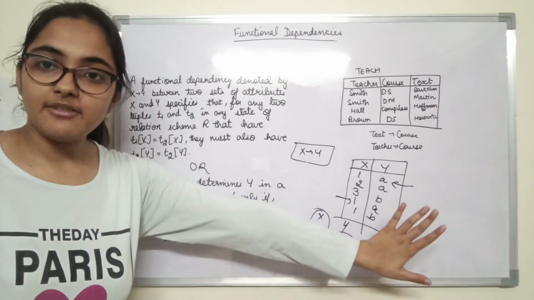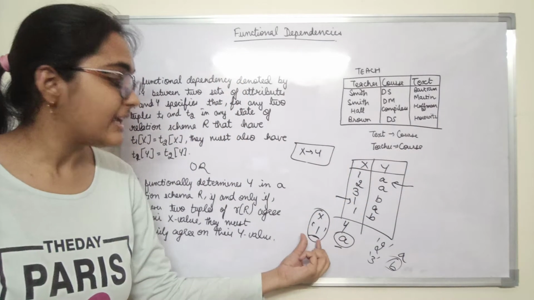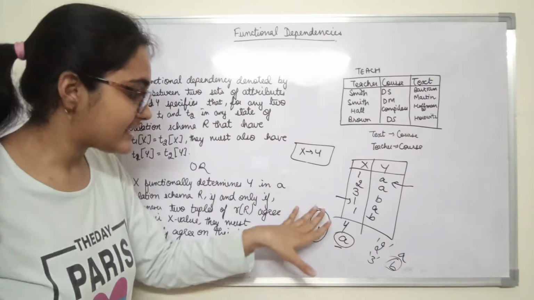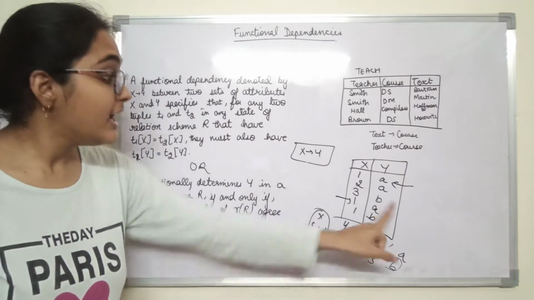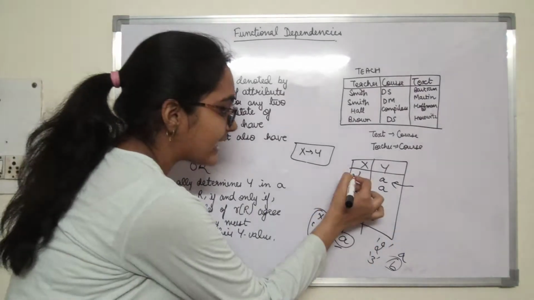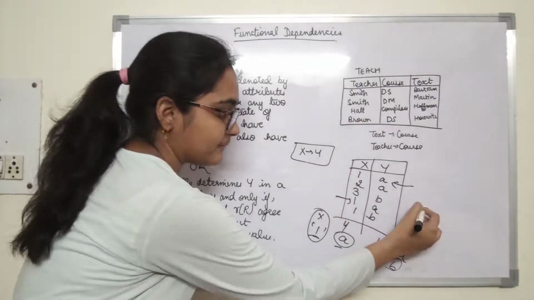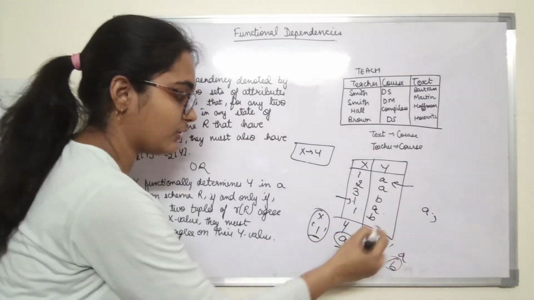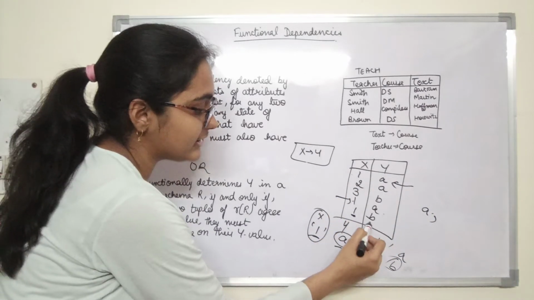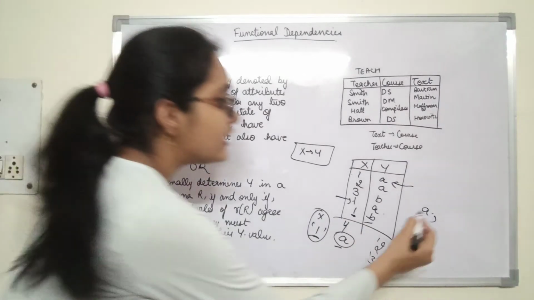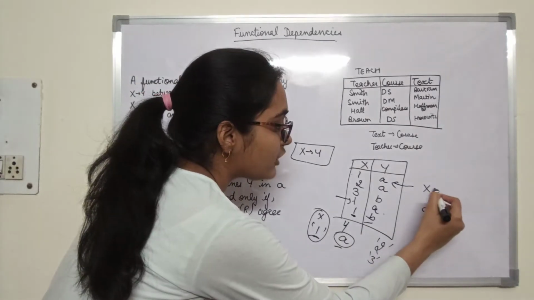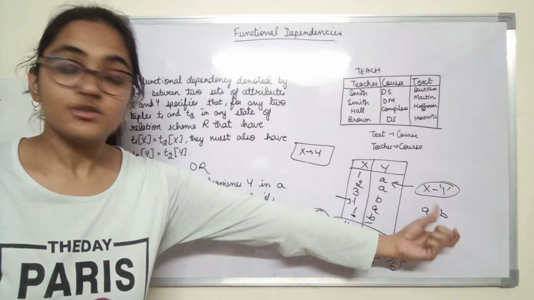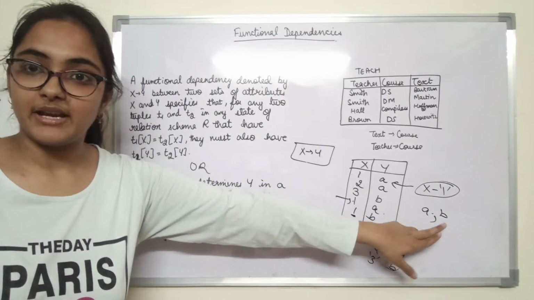So given the value of X as 1, can we uniquely say the value of Y? No, because here when X is 1, the value of Y is a, but here when X is 1, the value of Y is b. So given a single value of X, we are getting two values of Y, so X is unable to uniquely determine Y.